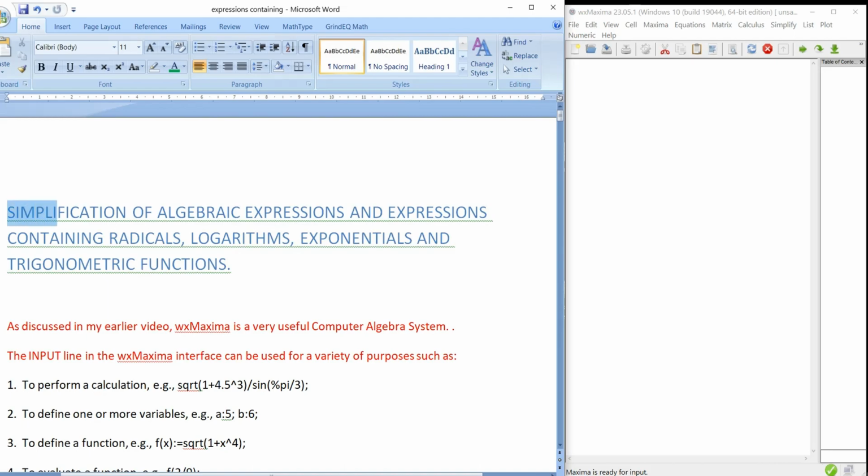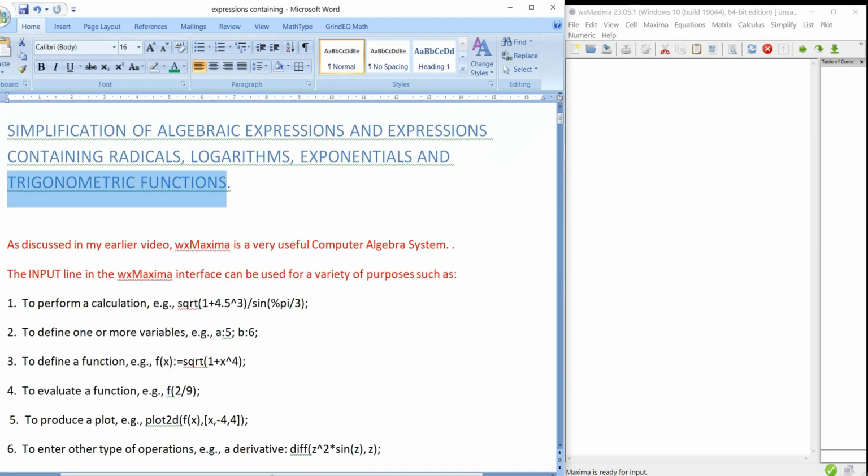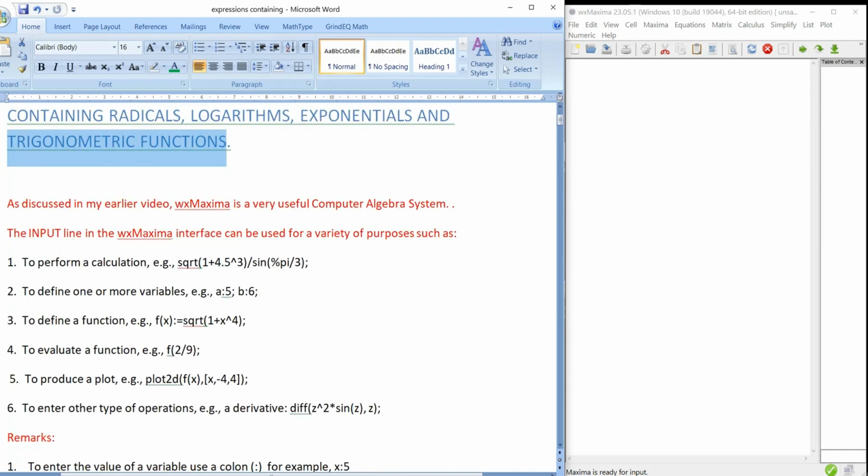We will discuss how to simplify algebraic expressions and expressions having radicals, logarithms, exponentials, and trigonometric functions, right? We are going to discuss all these one by one.